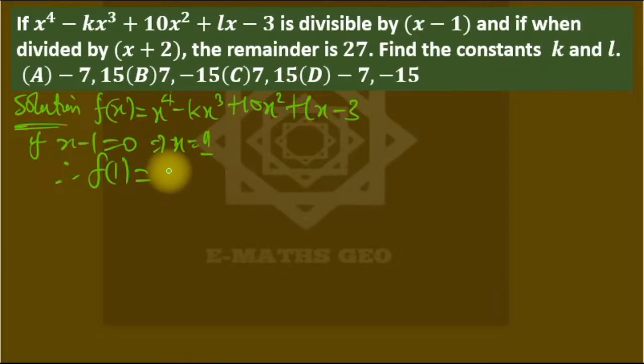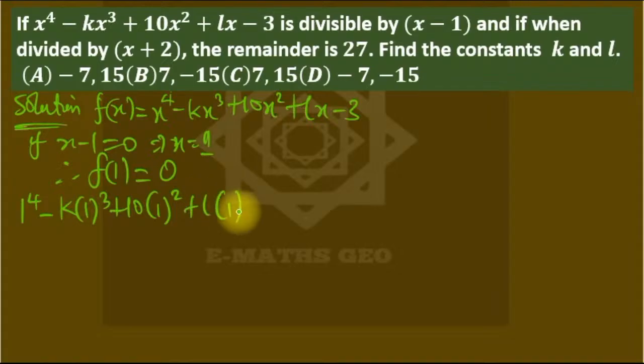So we have 1 raised to power 4 minus k times 1 raised to power 3 plus 10 times 1 raised to power 2 plus l times 1 minus 3 must give us 0.